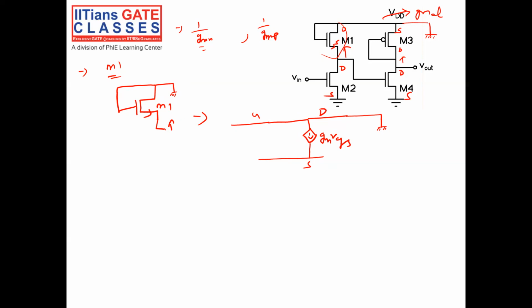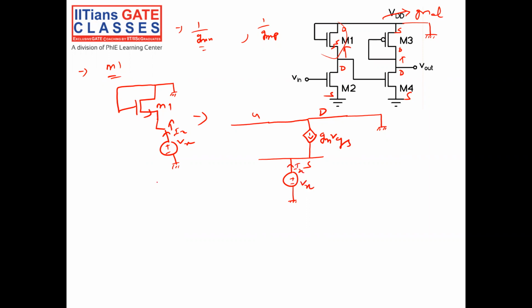That means I will apply a voltage Vx and I will measure the current Ix. Vx by Ix will give me the resistance looking from the source of M1. So let me connect a source Vx and measure the current Ix.